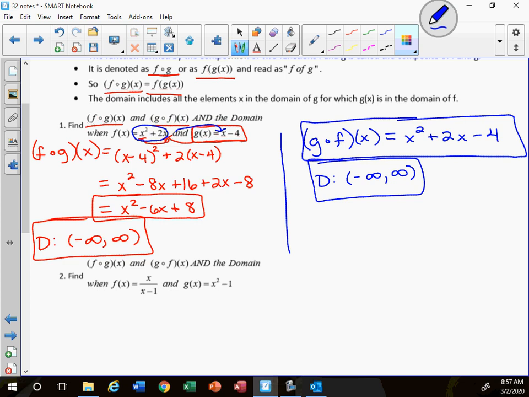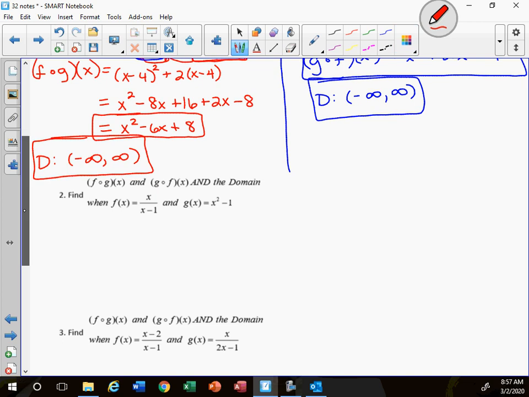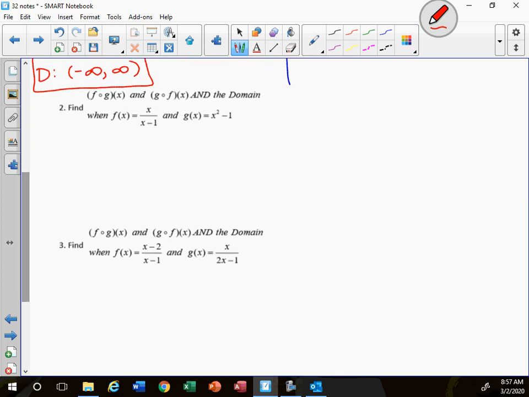Okay. Let's go to number 2. All right, same thing, f of g of x, g of f of x and the domain. So let's start with f of g of x. All right, so I have fractions to deal with here. So I'm going to plug x squared minus 1 into both numerator and denominator. So I get x squared minus 1 over x squared minus 1 minus 1.